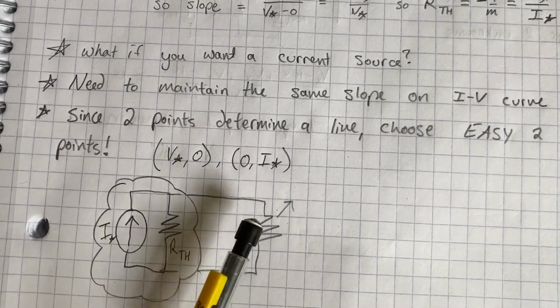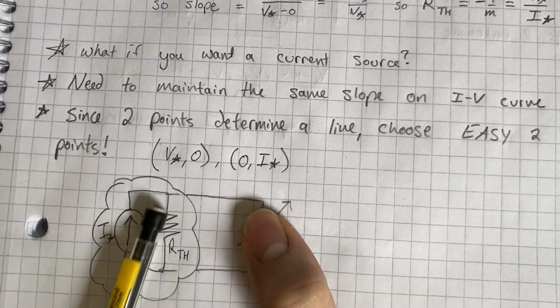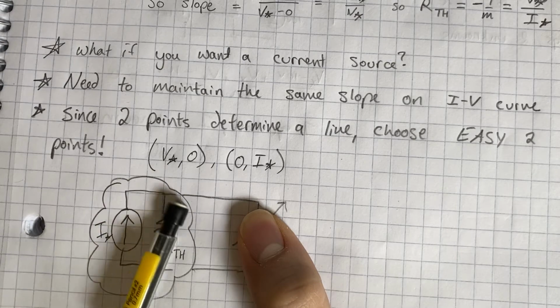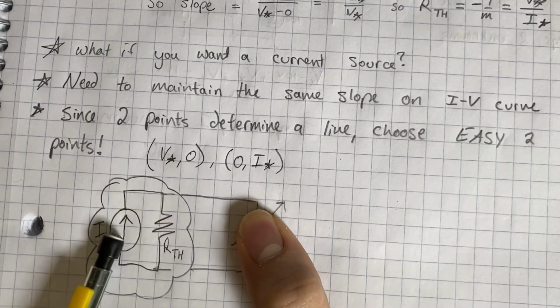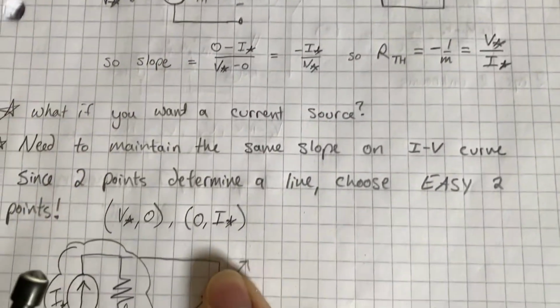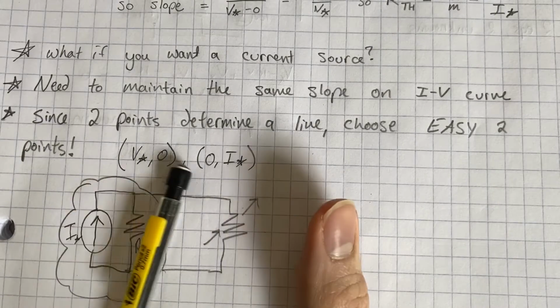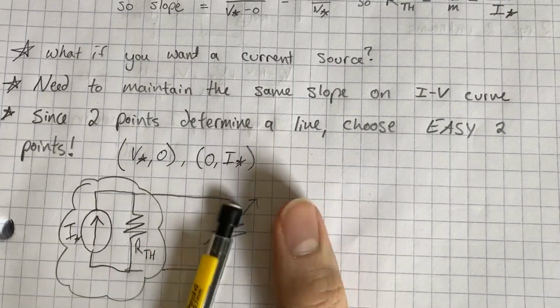So let's verify that. If this resistance is an open circuit, the voltage that is seen across it is I star times R Thevenin, because the current only flows through here. And that's exactly what we expect. Now, if this is a short circuit, no current flows through here, and all the current I star flows through here.